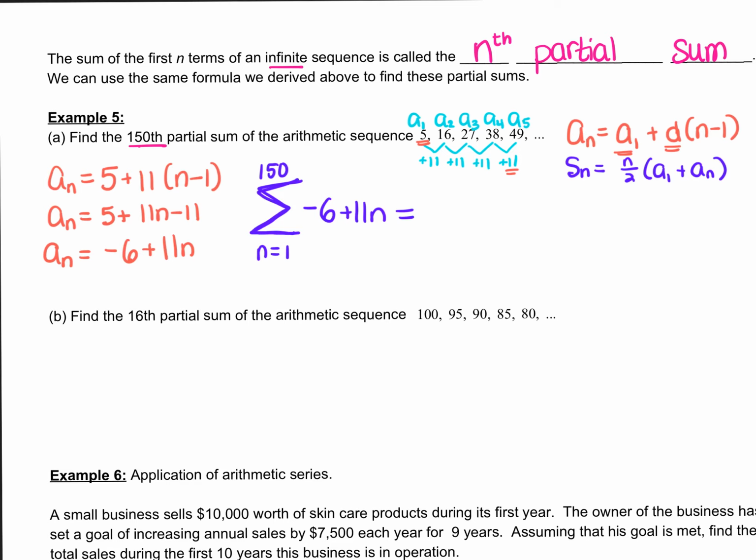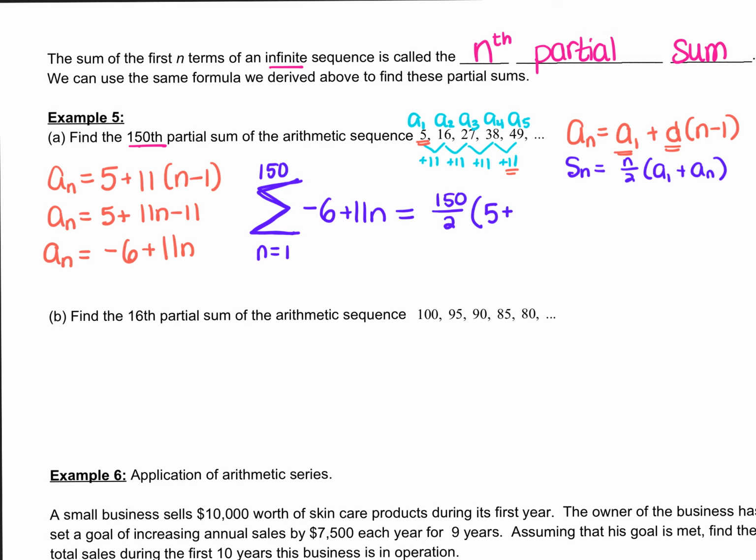All right, so how many terms are we finding a sum for? Well, we're finding the 150th, so there's 150 terms. So n in my equation right here is 150. So this will be found by taking 150 divided by 2 times the first term. Now, we know the first term is 5. We've already found that.